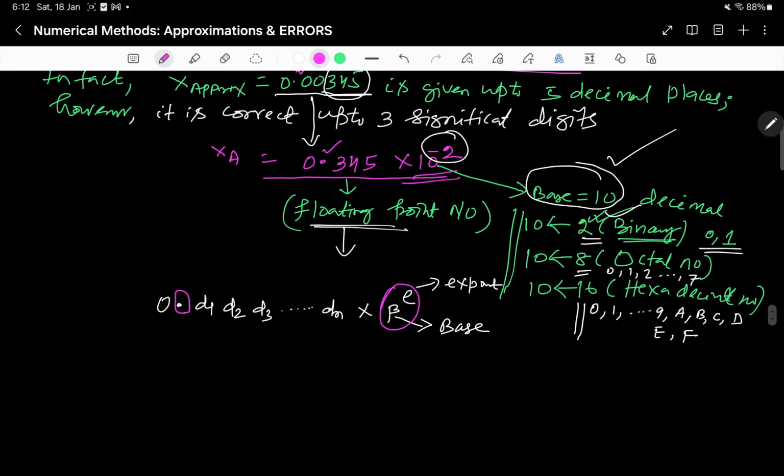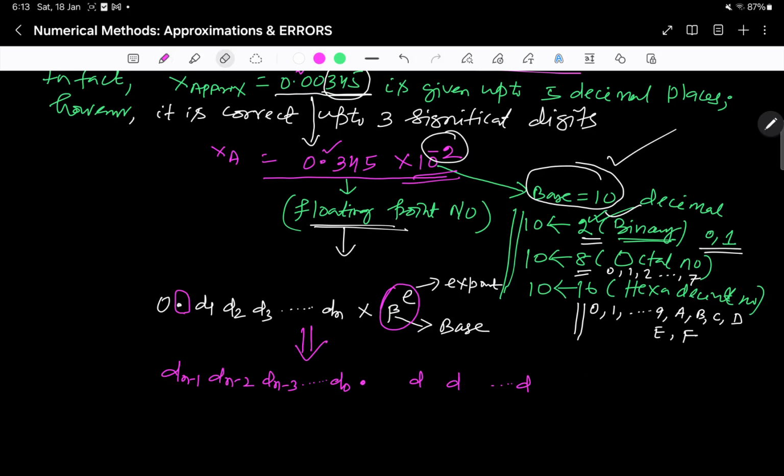In general, we write it, or the reversion of this, as d of n minus 1, d of n minus 2, d of n minus 3, and so on up to d0 point, d minus 1, d minus 2, d minus 3, up to d minus n.